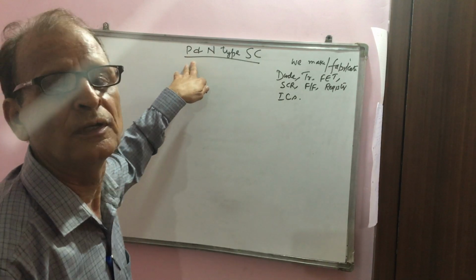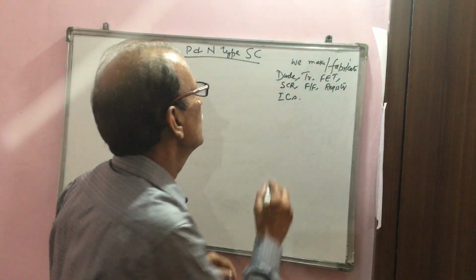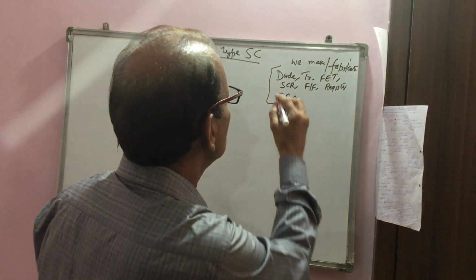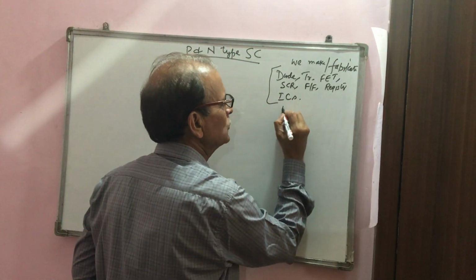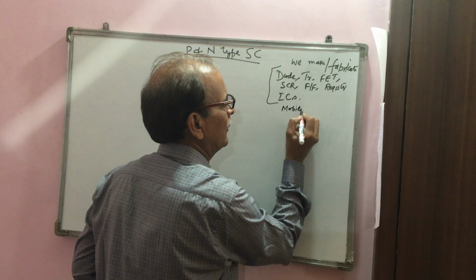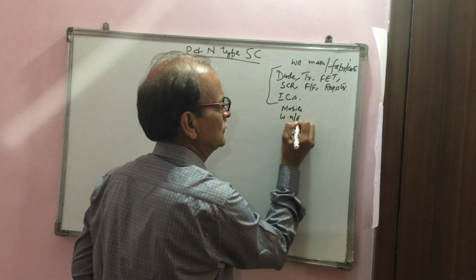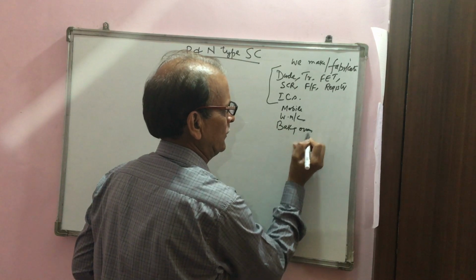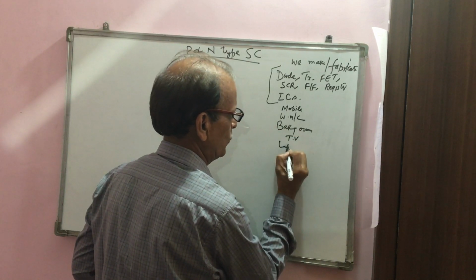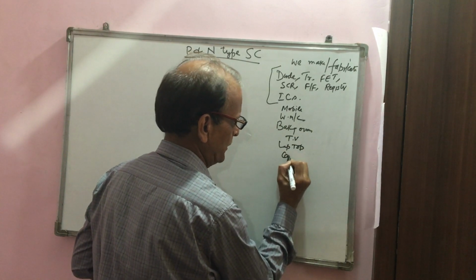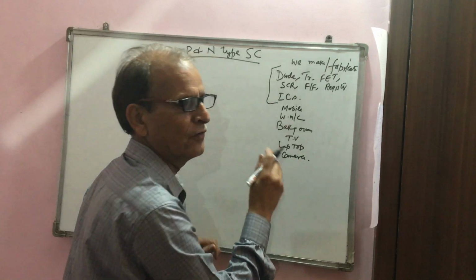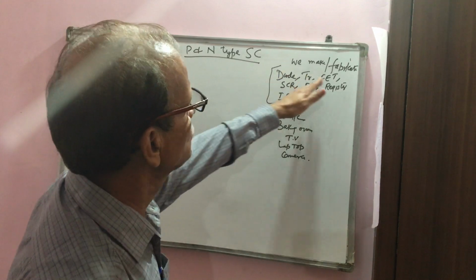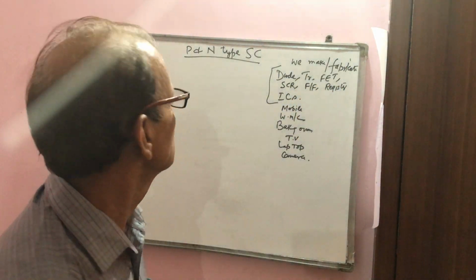And these all semiconductor devices are used in mobile, in washing machine, in baking oven, in TV, in laptop, in camera. We can say in every field of life we are using these semiconductor devices.